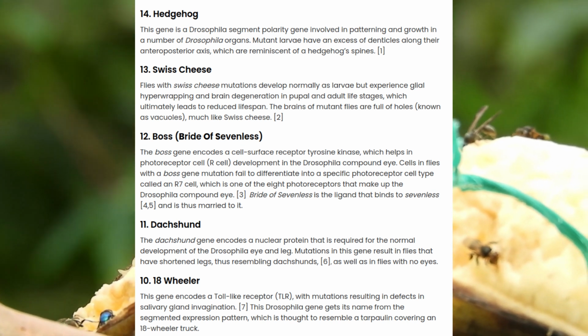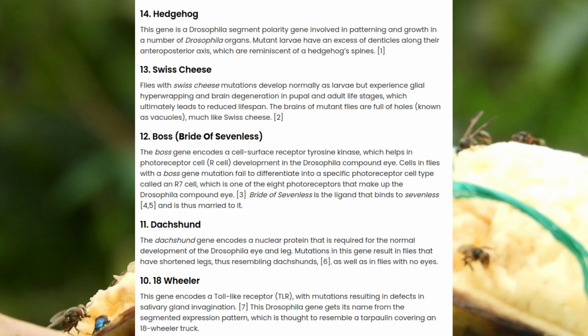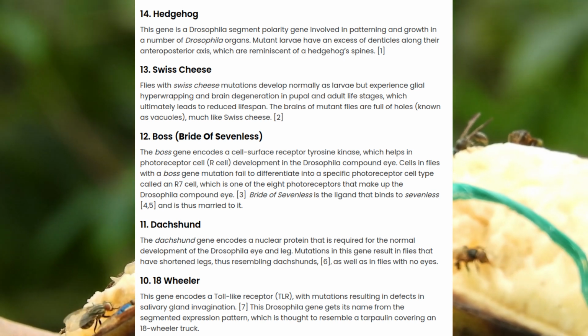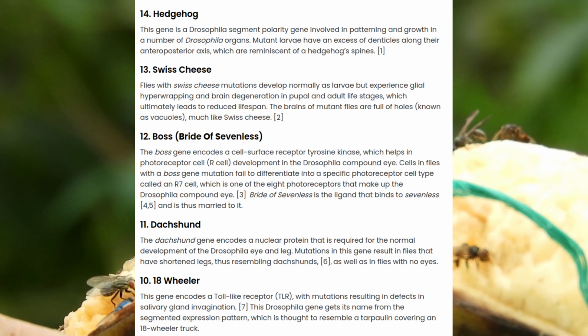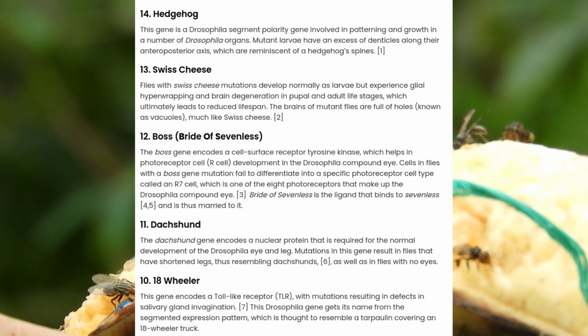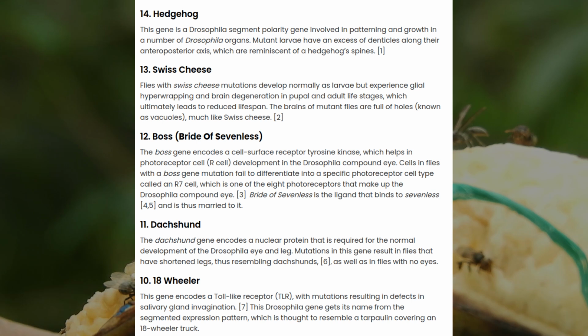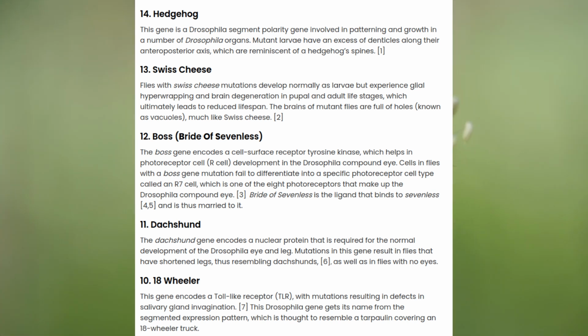So for one example, one of the genes led to a more pronounced, almost eyebrow-looking feature, and so the gene was named Groucho, after Groucho Marx, a film star who had similarly large eyebrows.